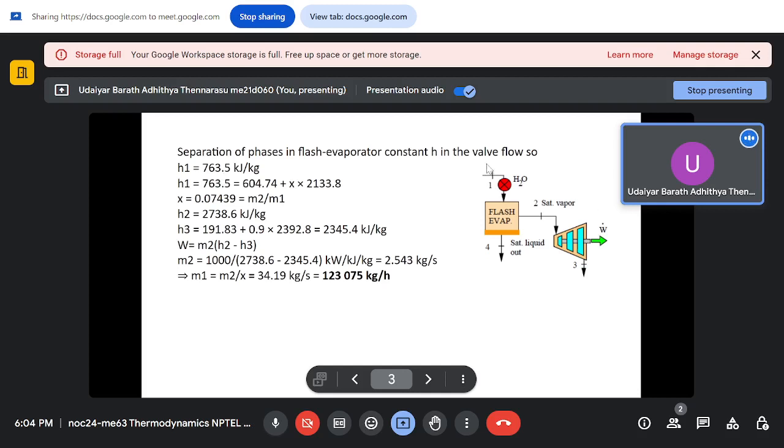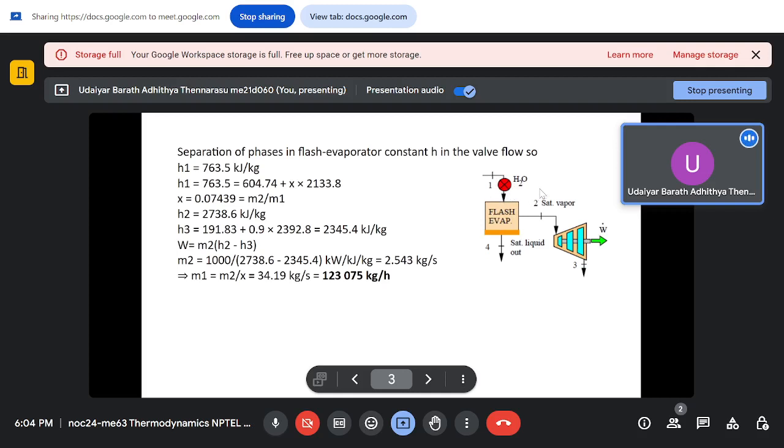So at state 1, which is at 1.5 megapascal and 180 degrees Celsius, we will find that your enthalpy is 763.5 kilojoule per kg, and the same enthalpy will be there at the flash chamber, because this is a throttling process.